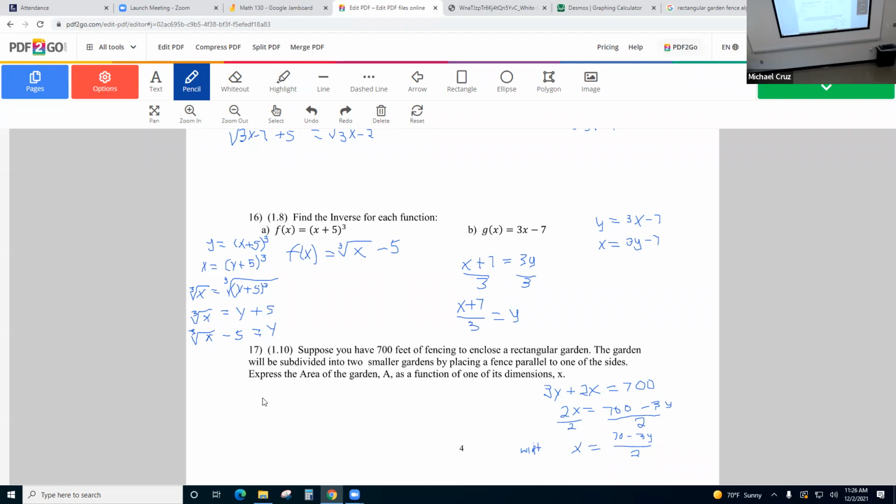All right, so we're going to take the area. Remember, area is length times width. And that's what they want us to do. All right, so this one right here is essentially the width. Okay, so we're just going to do y times 70.